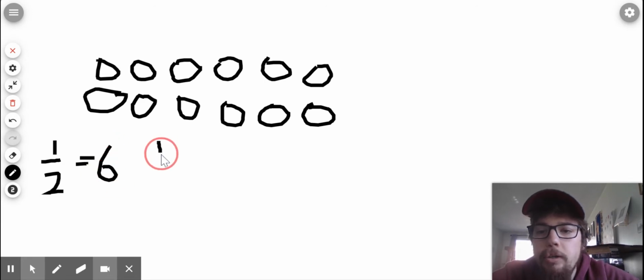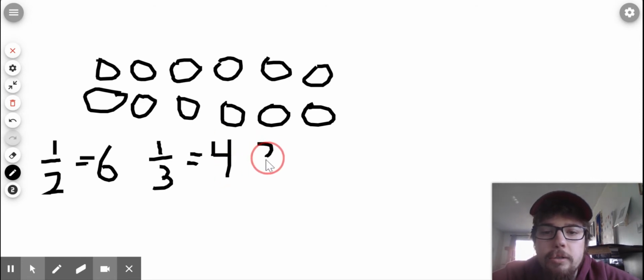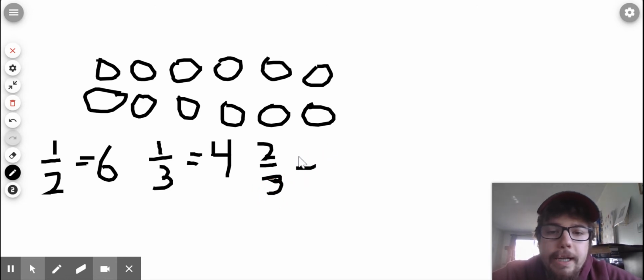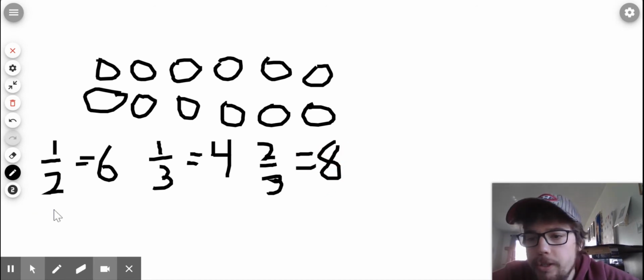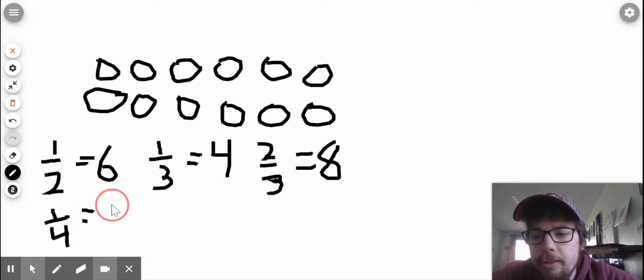Okay, 1/3 was 4 counters. 2/3 was 8 counters. Then we just did 1/4 equals 3 counters.